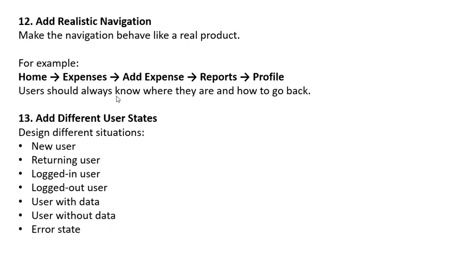The user should always know where they are and how to go back. And thirteenth, add different user states, designing different situations like new users, returning users, logged-in users, logged-out users, a user with data, a user without data, and error states.